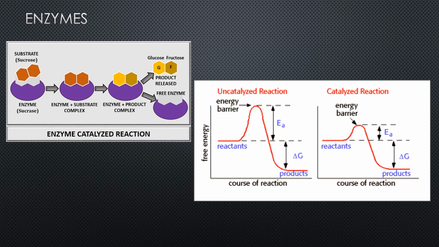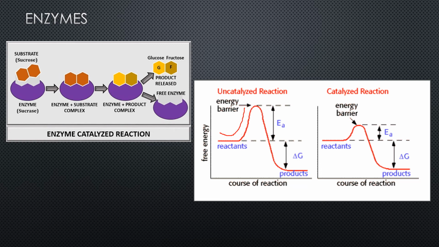And the reason for that is what we call this energy barrier here. Let me give you an example. If we have a solution and we want substrates within that solution to bump into each other, we can add energy to that solution by, for instance, turning up some heat.